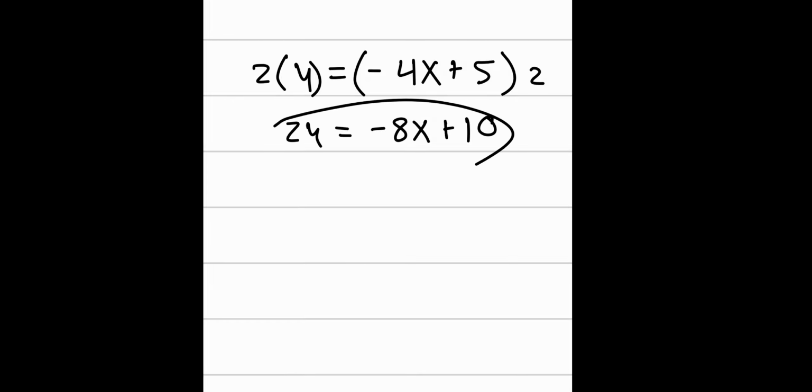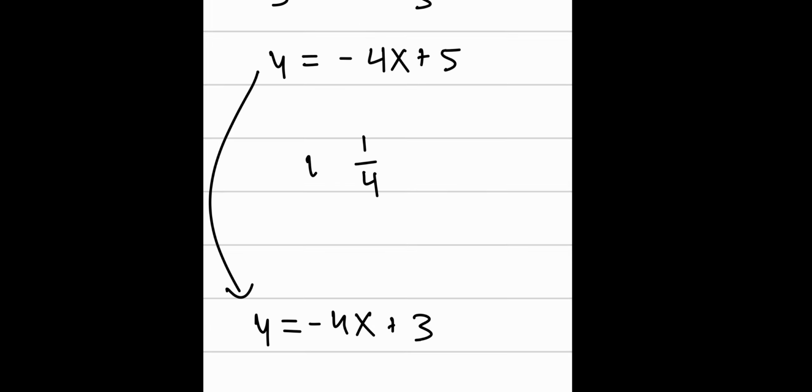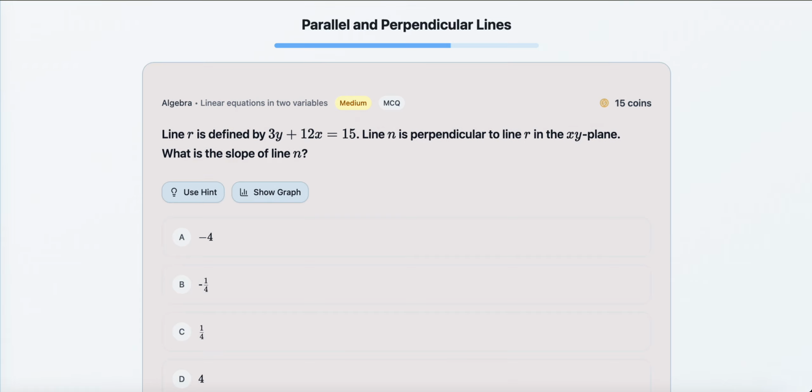So this line should have infinite solutions with our original line. Again, for perpendicular, we found that the slope was 1/4. I can use any y-intercept for that, so I can say y equals 1/4 x plus 5. That works, or any other y-intercept works. Then this one is parallel because it has the same slope and a different y-intercept, and this one has infinitely many solutions. Now let's go back to the problem.